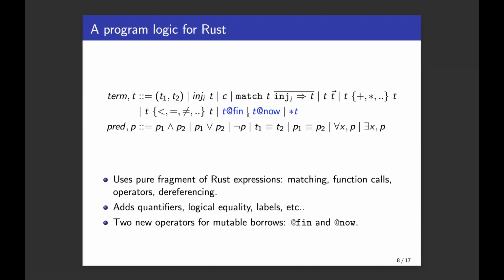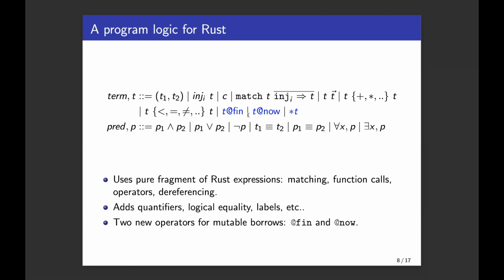So more concretely, in our program logic, we have our logical terms, which are a fragment of pure Rust expressions. In particular, all your data type constructions for sums and products, constants, matching, as well as function calls and various basic operators and comparisons.